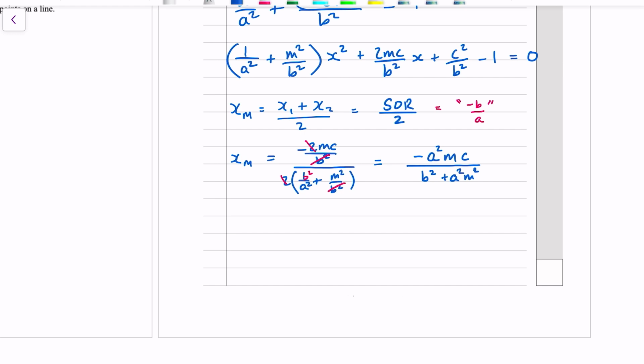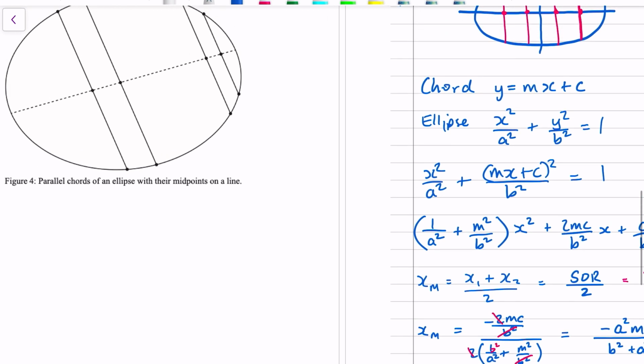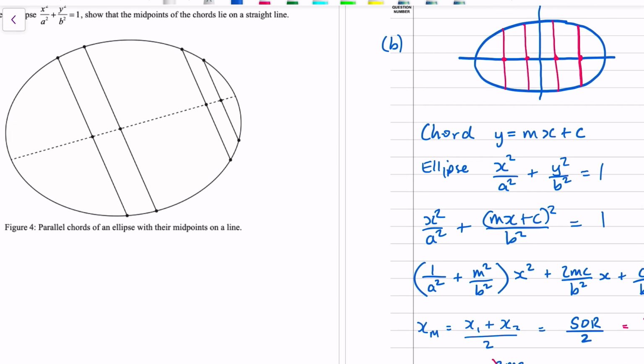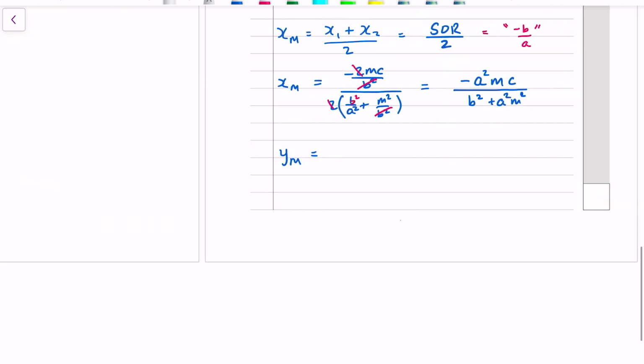Now, how do I find my y value for my midpoint? It's on the chord. I haven't proven that it lies on a line here, but I know that it lies on any random chord that I choose. So to find the y value when I've got the x value, I'm just going to plug it into the mx plus c equation.